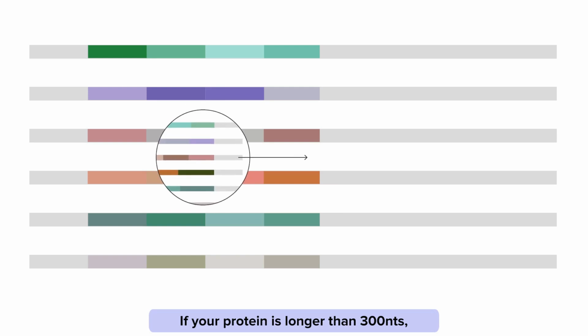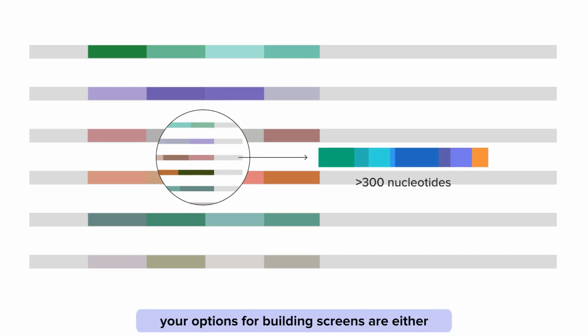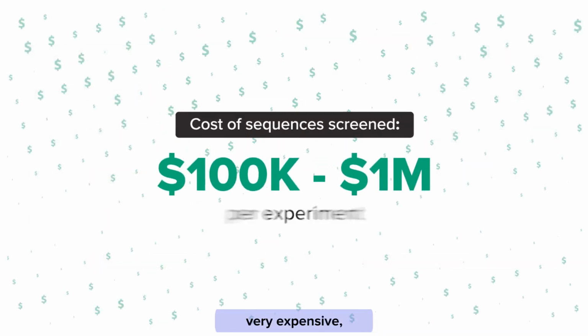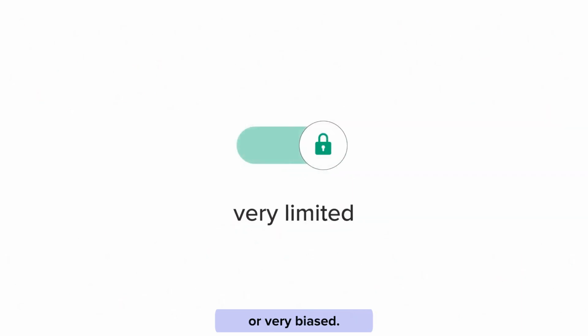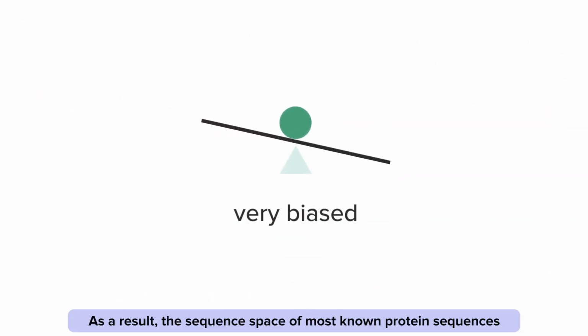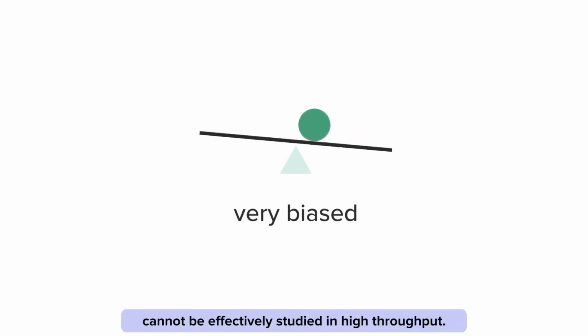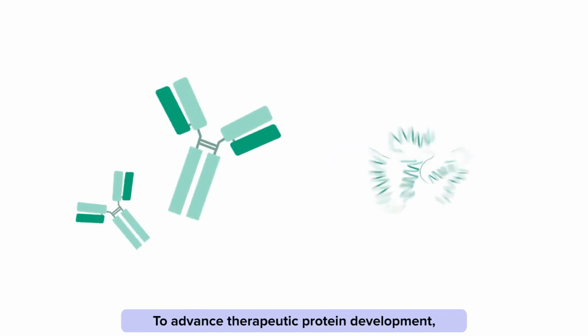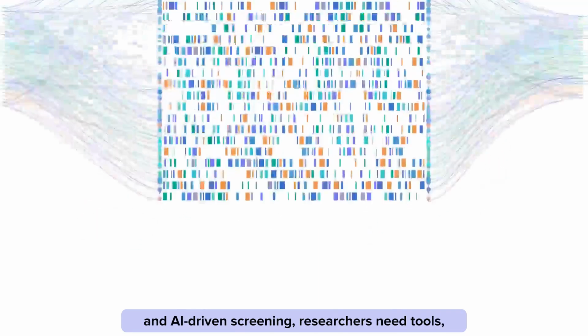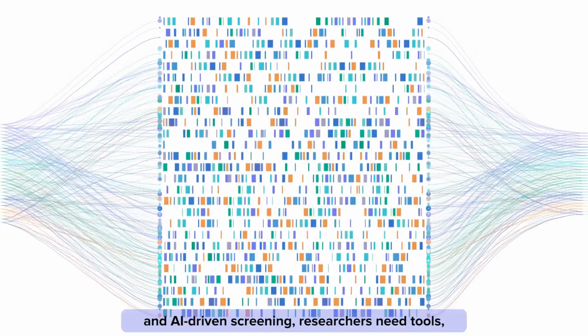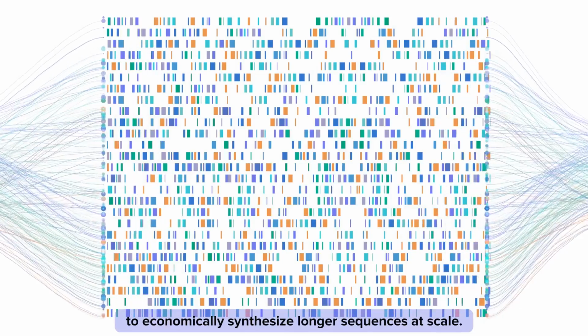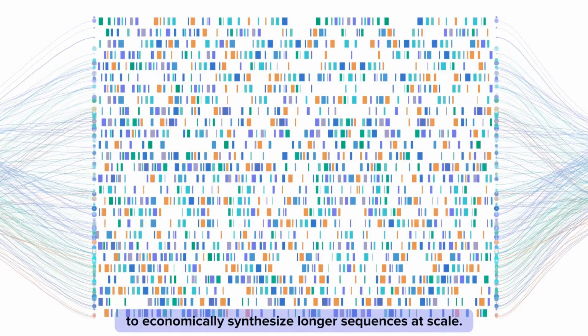If your protein is longer than 300 nucleotides, your options for building screens are either very expensive, very limited, or very biased. As a result, the sequence space of most known protein sequences cannot be effectively studied in high throughput. To advance therapeutic protein development and AI-driven screening, researchers need tools to economically synthesize longer sequences at scale.